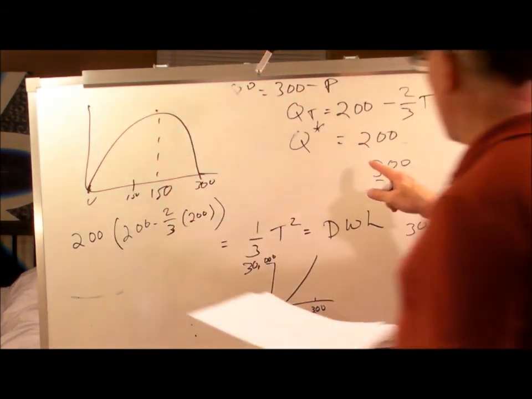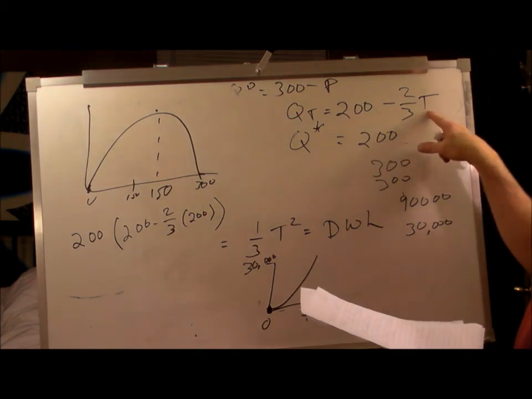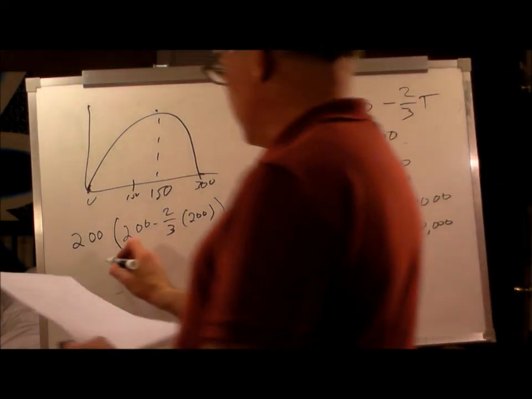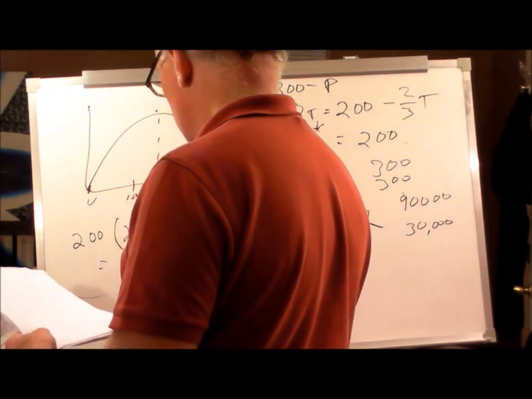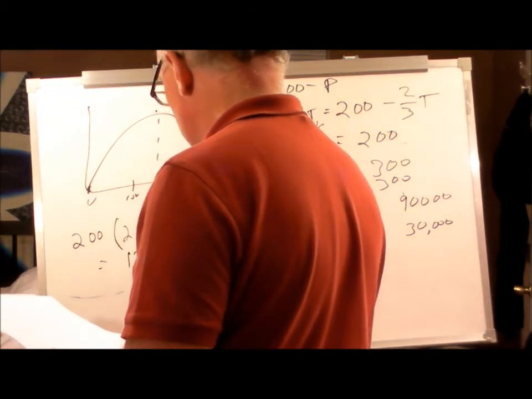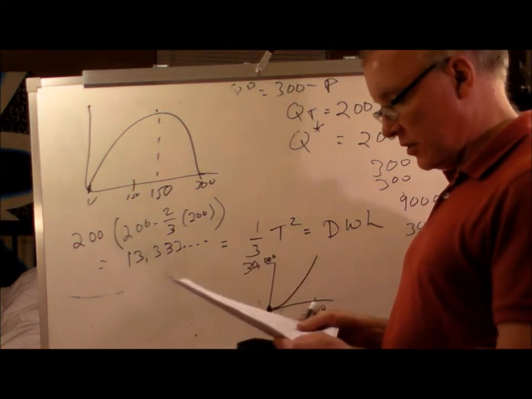Because remember, our quantity is going to be 200 minus 2/3 T. You can put this in your calculator, and you're going to see this is 13,333 and on and on. It's basically 13,333, and then a 3 that continues.